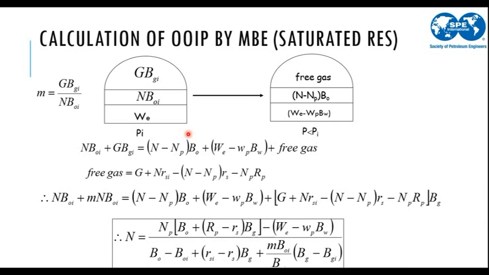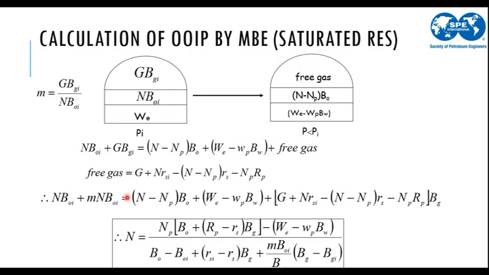Okay, we would find this remaining oil and this remaining water, besides some free gas that has already evolved during the depletion. But what is the free gas that has already evolved that we are talking about?